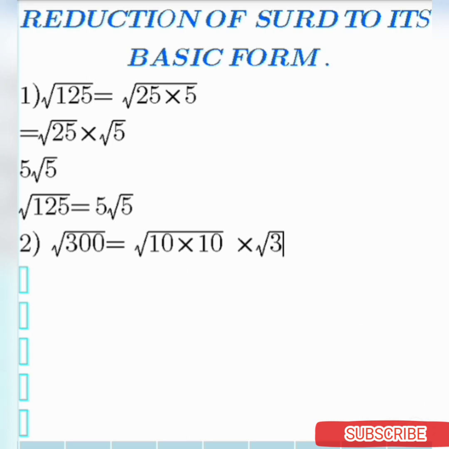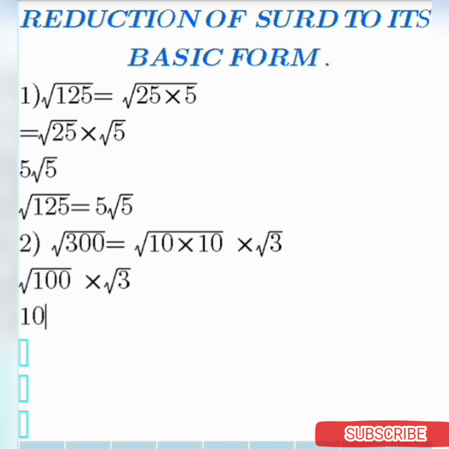Since 10 times 10 is 100, root 10 times 10 is the same thing as root 100. Then you multiply it with your root 3. And here now, what is the square root of 100? If you press your calculator, you know that the square root of 100 is 10. So you write the 10 down.